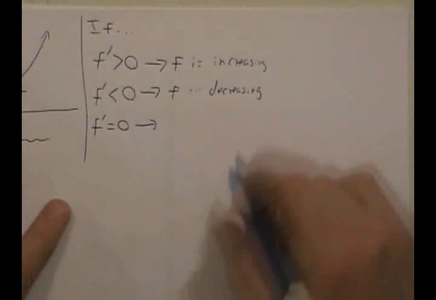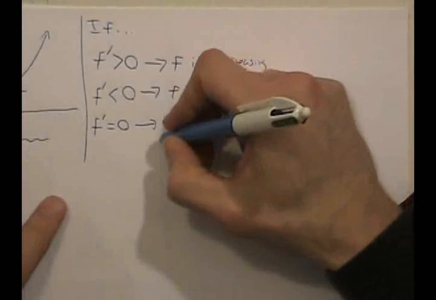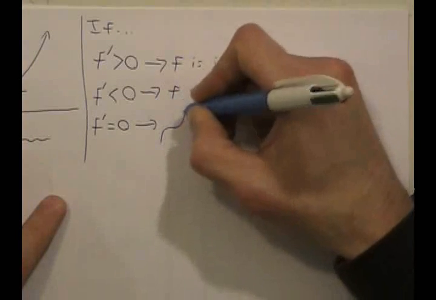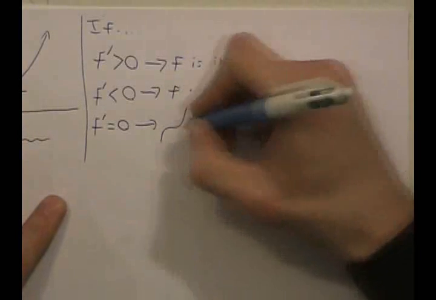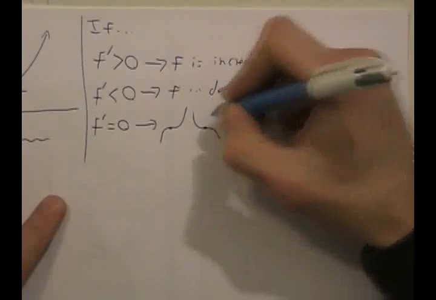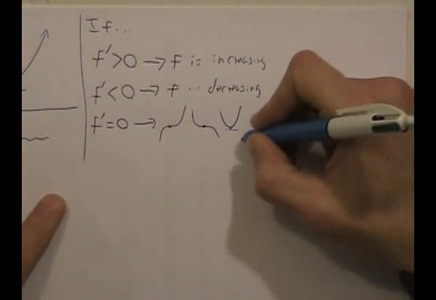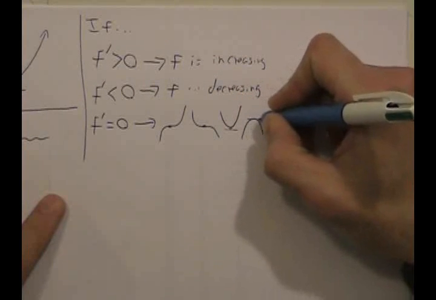But usually when the derivative equals 0, you'll have one of four cases. It's just going to flatten out. It will have something like this, or it could be like this, horizontal tangents. Or it could be a dip, flattens out, or it could be a hump like that.